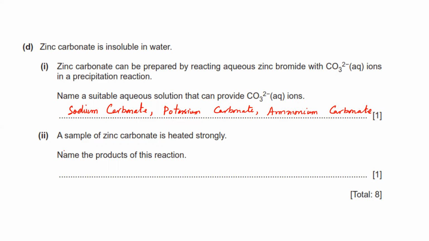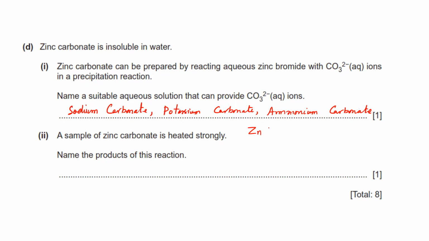Then part D, part two of this question, it says a sample of zinc carbonate is heated strongly. So if you are heating a carbonate, name the products of this reaction. One of the products will be carbon dioxide gas for sure, and the other will be an oxide.